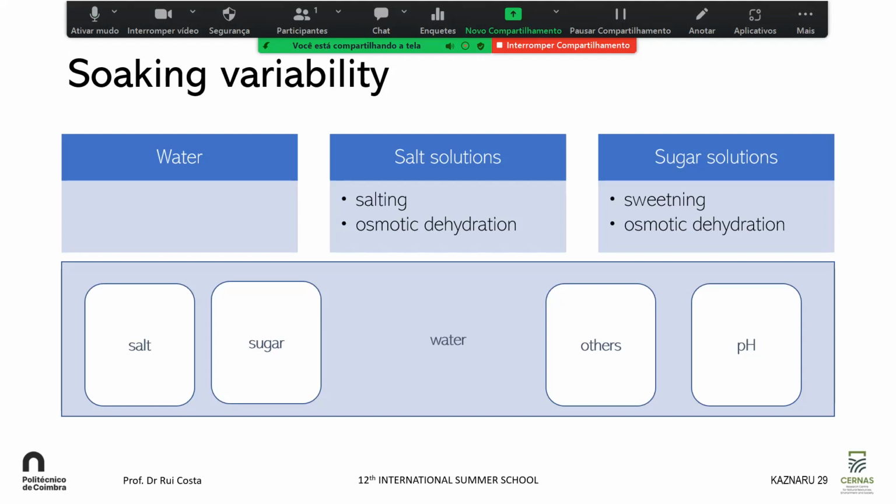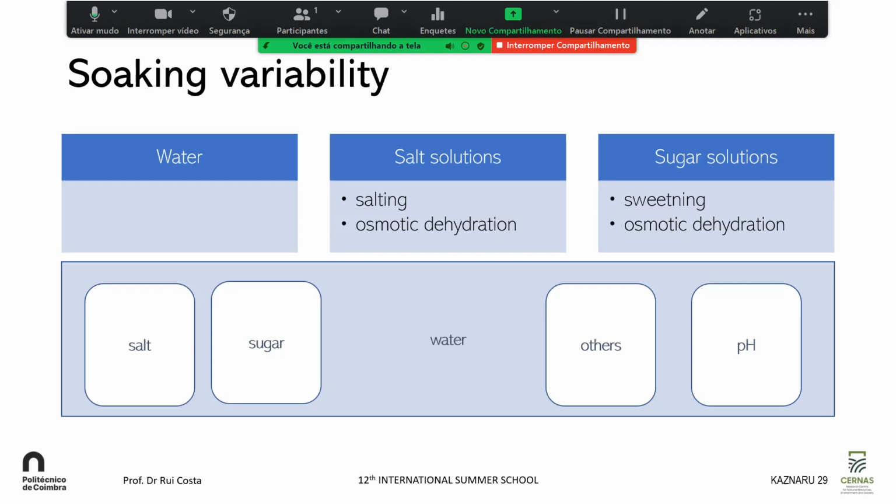Salting: we supply water plus a little bit of salt, and so the food will become a little salty. But if the percentage of water in the food is very high, we can have osmotic dehydration. This doesn't happen in pulses, but happens when we do it in codfish, for example, in meat, in products with a high water content.